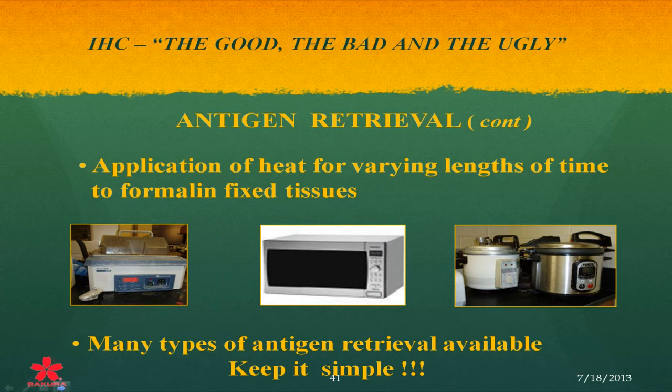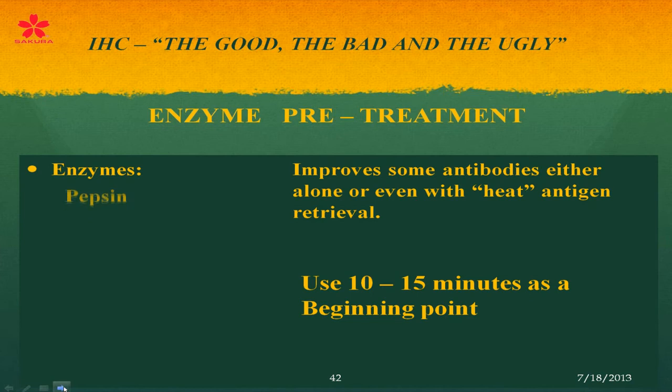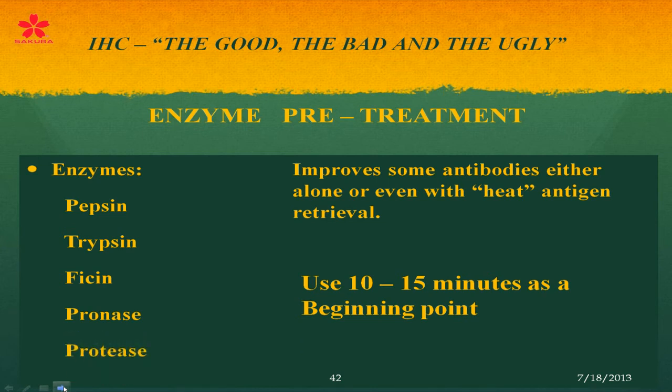But what's so wonderful today is that in most of the labs that have instruments, they have the antigen retrieval already on it, where that's just part of the process. Many types of antigen retrievals are available. Enzyme pretreatment. Enzymes improve some antibodies either alone or even with heat antigen retrieval.